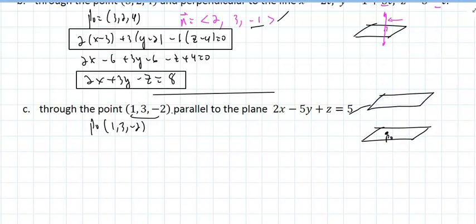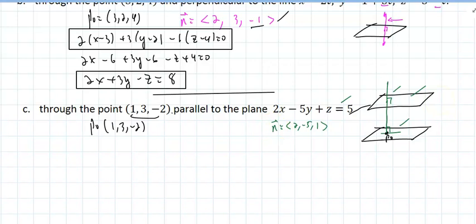Well, think about it. If I need a vector perpendicular to this plane, isn't that automatically perpendicular to this plane? Well, since I have the equation for this plane, can't I say a normal vector is 2, negative 5, 1, based on what I just explained to you previously? And wouldn't that vector be perpendicular to both?